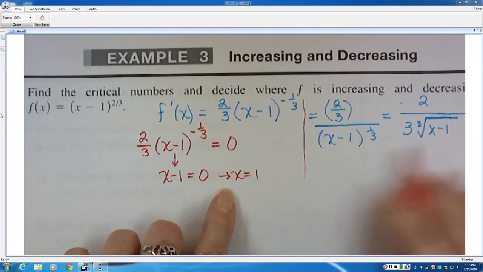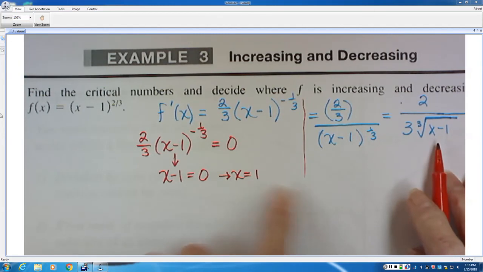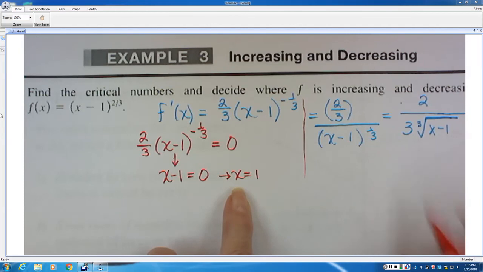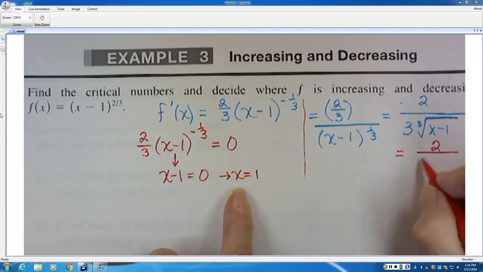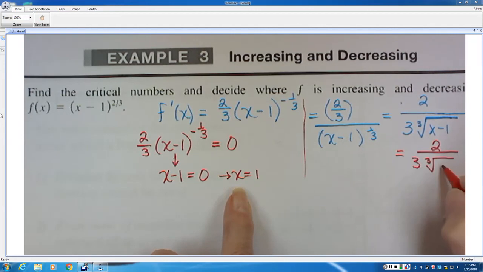But if you don't carry it on out, you're not going to realize that the reason that you really can't just plug that in there is because what you're going to wind up with here is 2 over 3 times the cube root of 1 minus 1, which is 0.